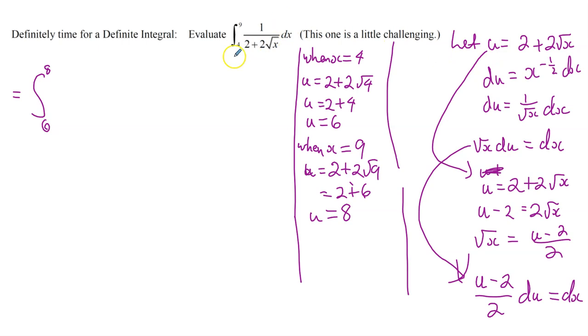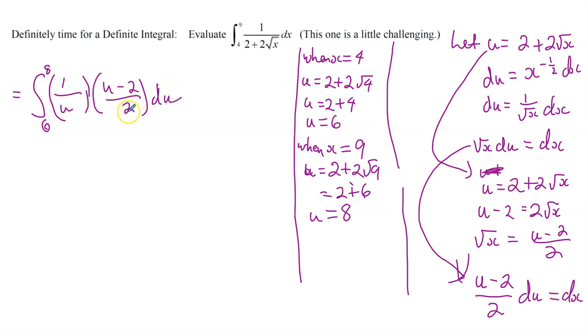this whole thing, which is 1 over u, and dx is u minus 2 over 2 du. All right, let's simplify away.